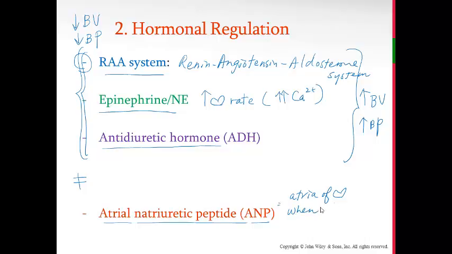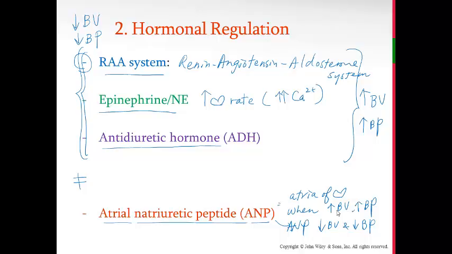So when your blood volume is high, resulting in higher blood pressure, atrial natriuretic peptide will be secreted to help lower the blood volume as well as drop a little bit of your blood pressure. So they do so by, for instance, increasing the loss of salt as well as water in the system.